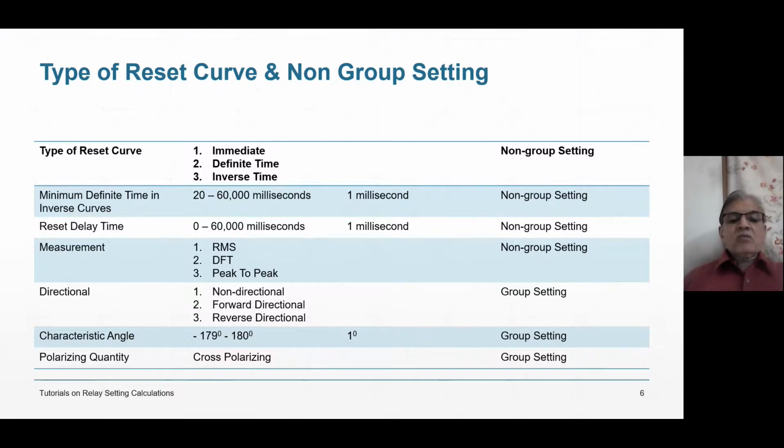In one group you can keep it non-directional, in another group forward directional, and in a third possibility reverse directional.